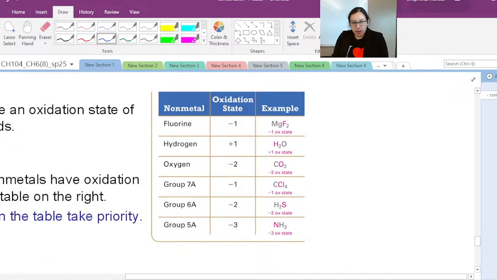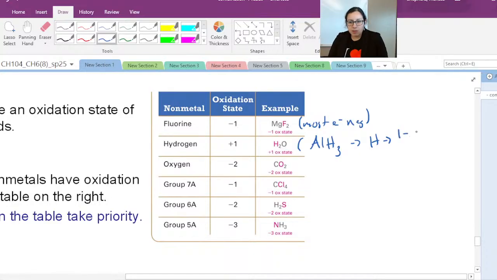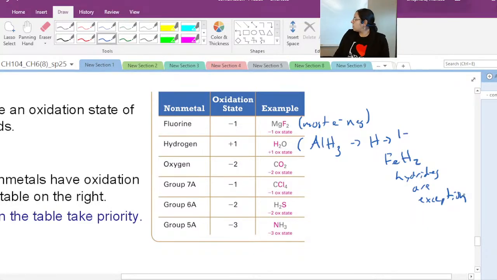Fluorine is always -1, since it's the most electronegative. Hydrogen tends to always be +1. The only exceptions are metal hydrides, and hydrides have a -1 charge, like iron hydride. You might have seen a few hydride compounds in this class.